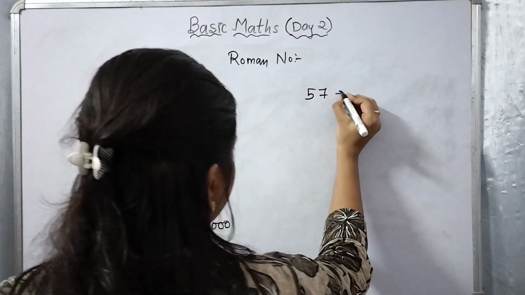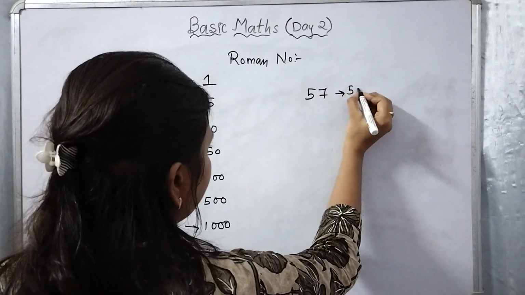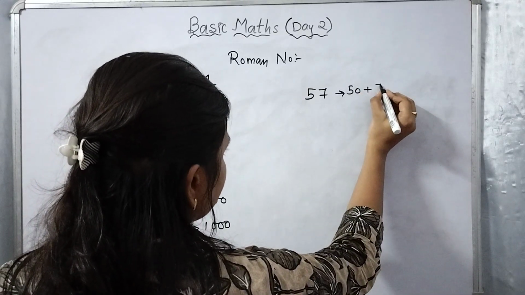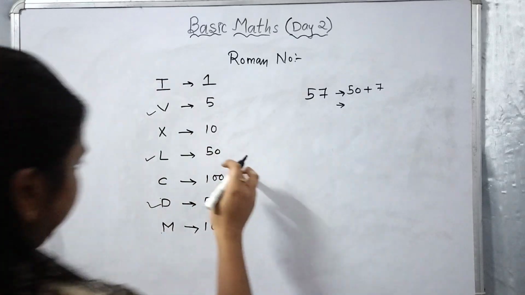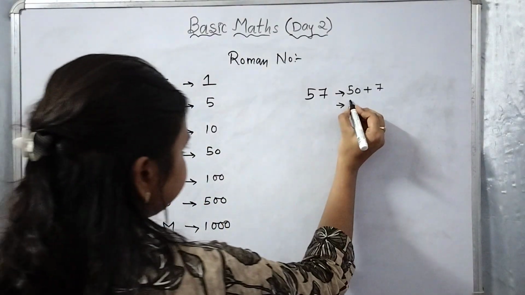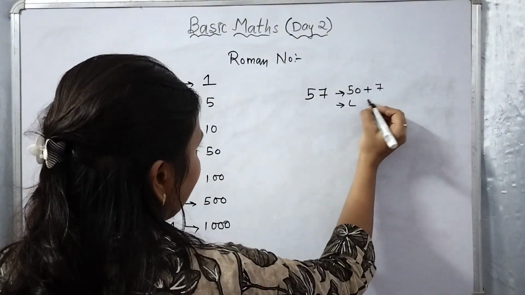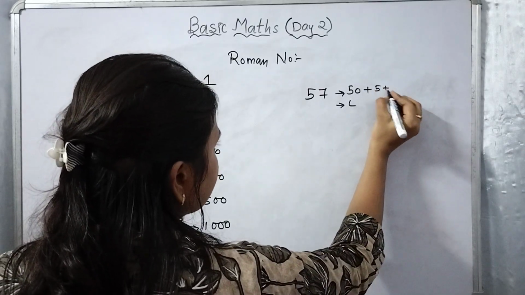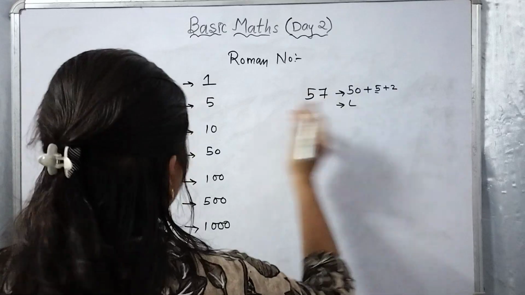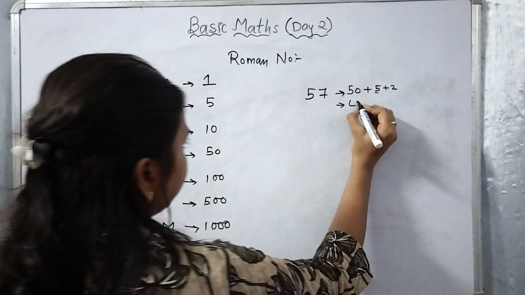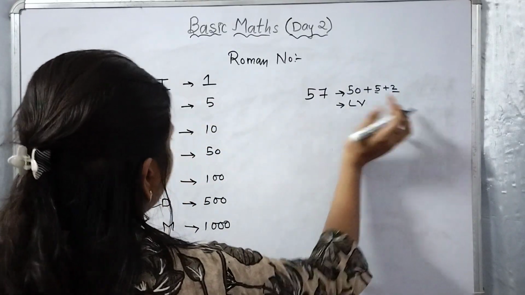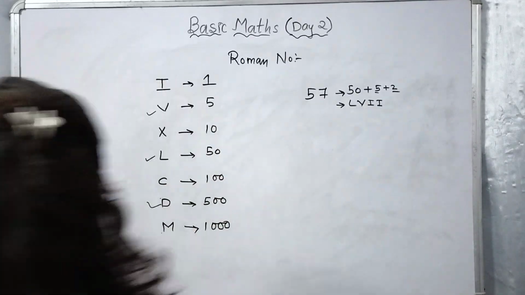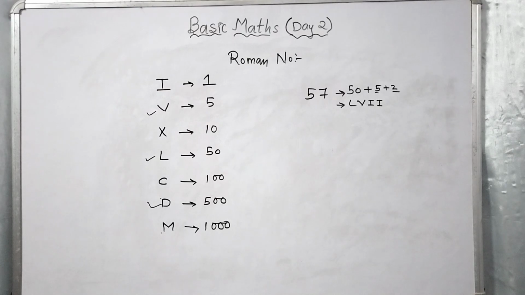See, we have numbers for 50 and we have something for 7. 50 can be written as L. 7 can be divided into 5 plus 2. We have number for 5, that is V, and for 2 that is I and I. So this is how we write this.